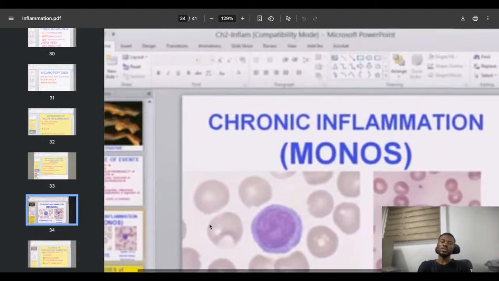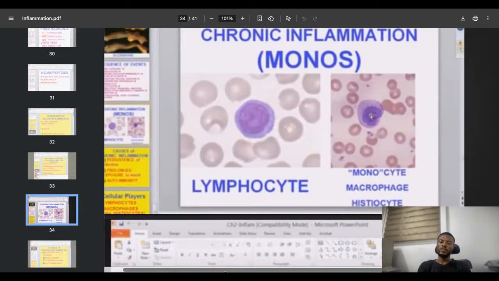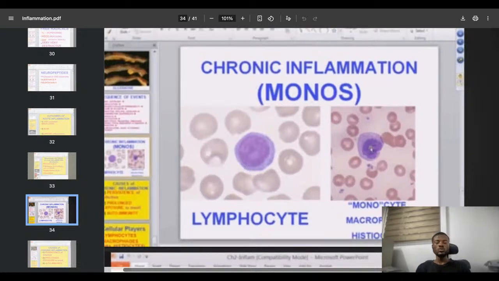Now let's look at chronic inflammation. In chronic inflammation, there are two main types of cells that are the major actors here.